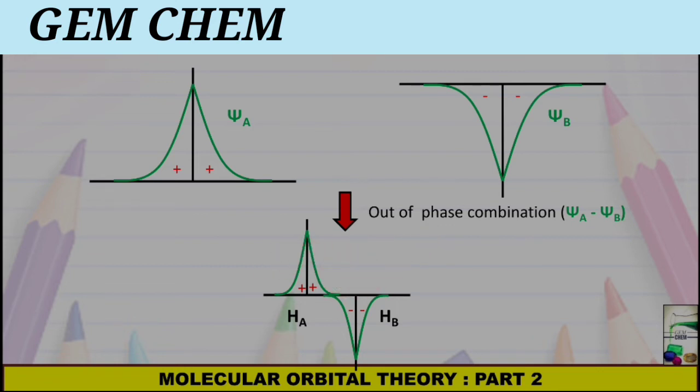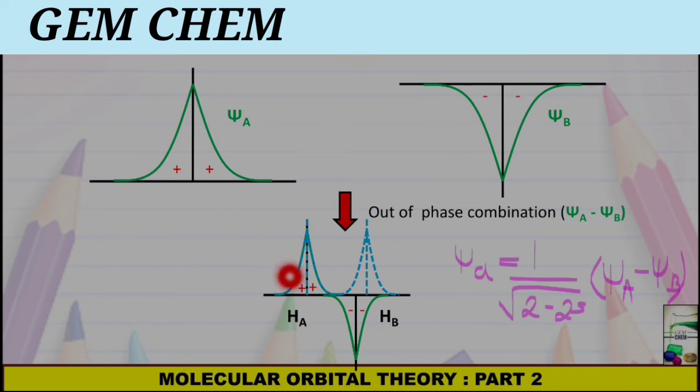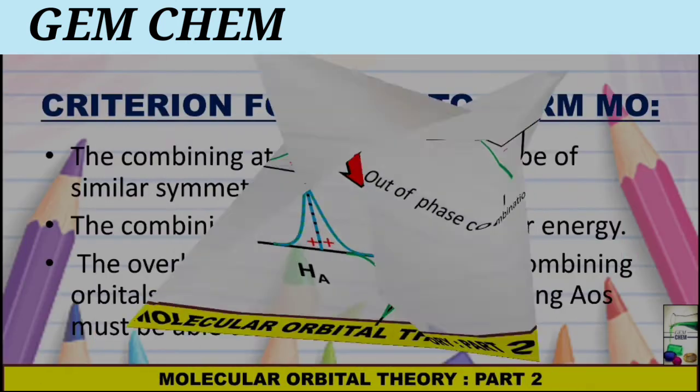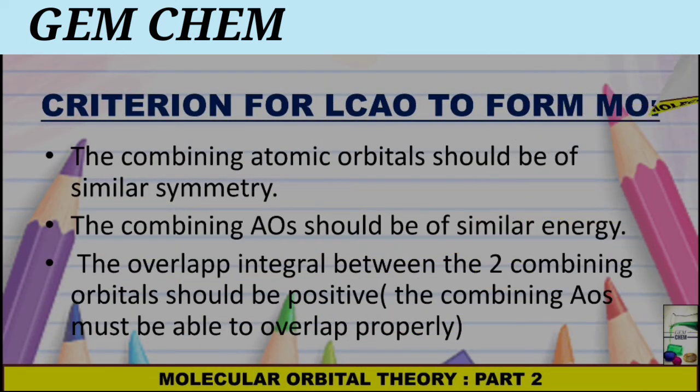Now if we try to see the Xi A function, then Xi A is equal to 1 by root over 2 minus 2s, times Xi A minus Xi B. Okay, and after doing this, if we want to get the radial wave function for Xi A square, then it will come like this. So both peaks go in the upside. Remember this.